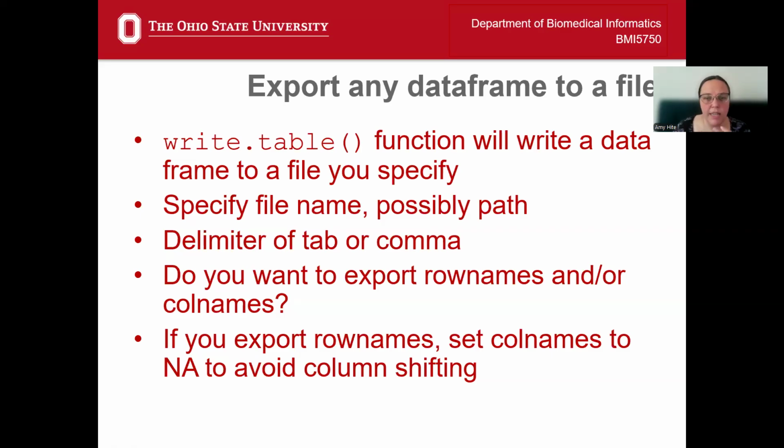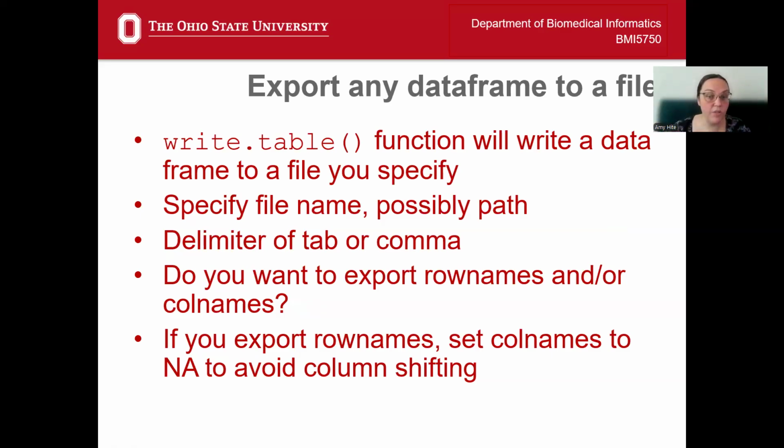Do you want to export your row names, and do you want to export your column names? Sometimes if you've made those row names to be something important, you want to export those row names out with your table. Column names, the same thing. I assume your column names are something informative and useful, and you want your column names to get printed out into your file too.